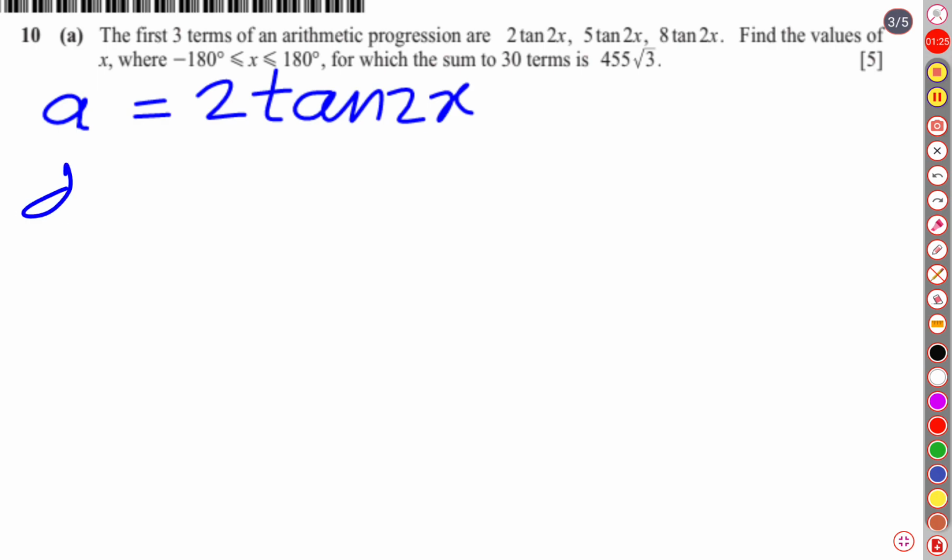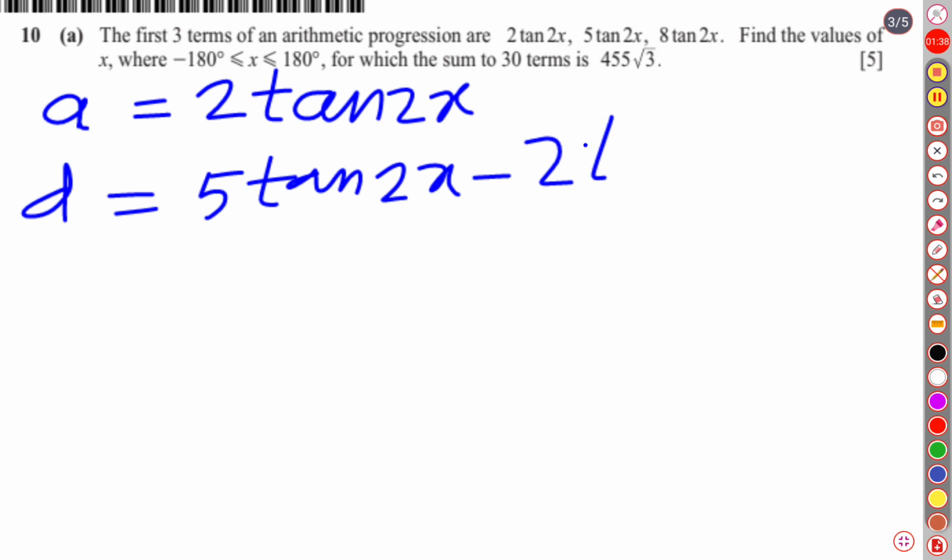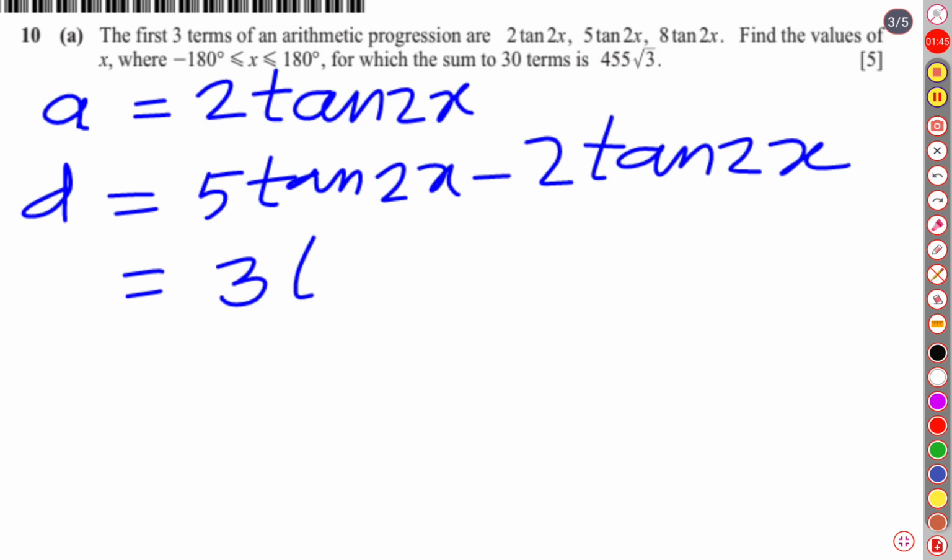So the common difference d is equal to, if we subtract the first term from the second term, 5 tan 2x minus 2 tan 2x, which is equal to 3 tan 2x.